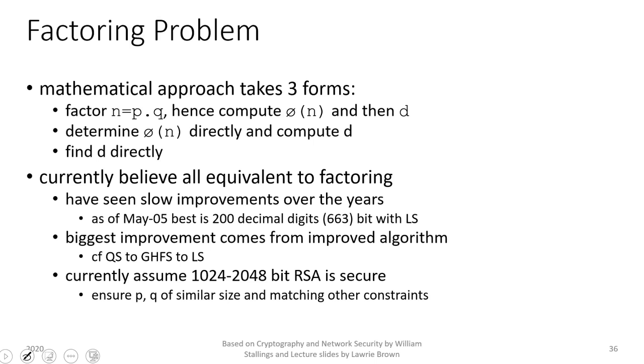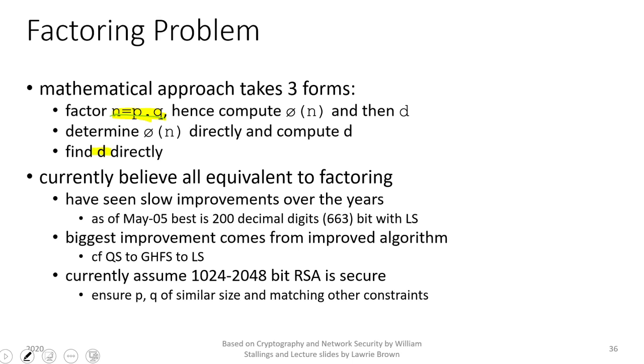So let's look at the factoring problem, for example. The idea here is, if we know the factors of n, can we compute and determine the decryption key? So can we find the decryption key? That is what we try to achieve.